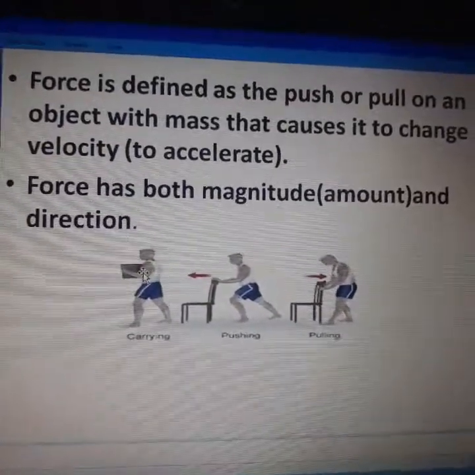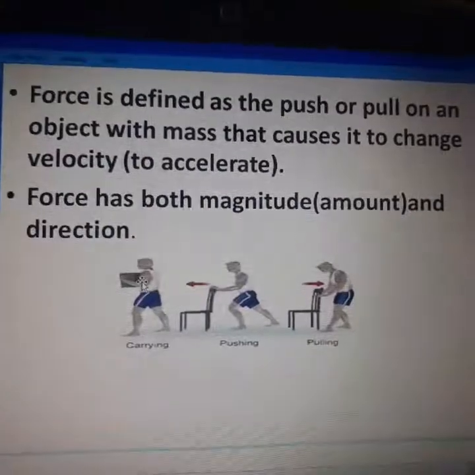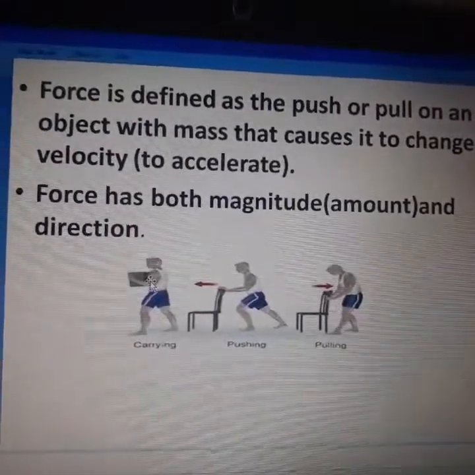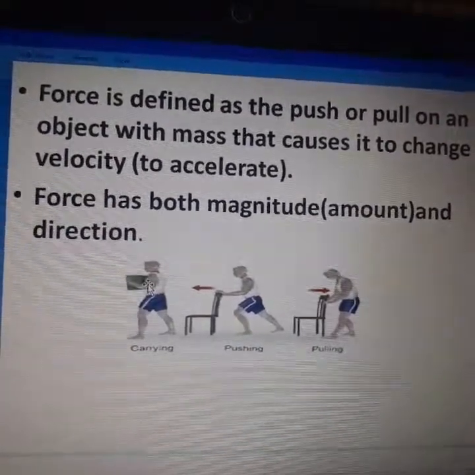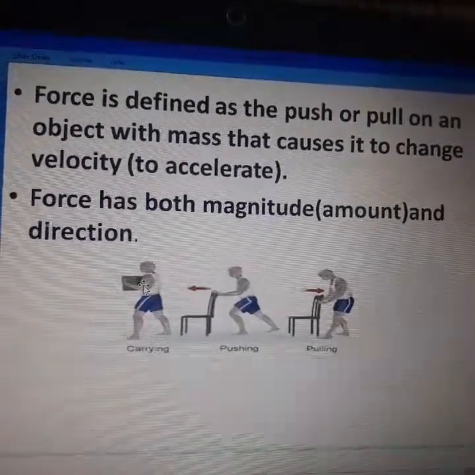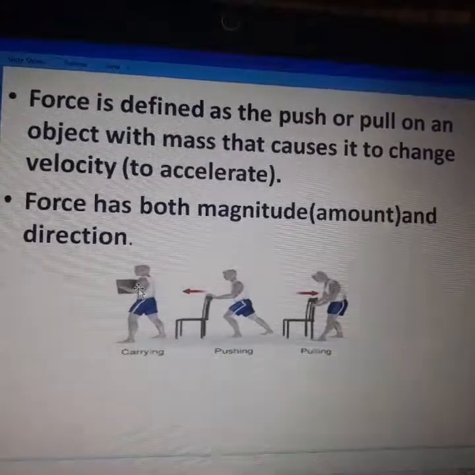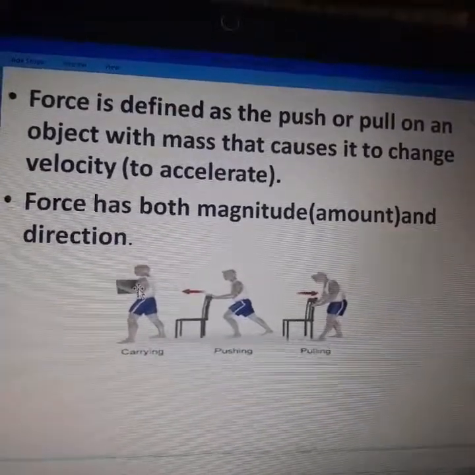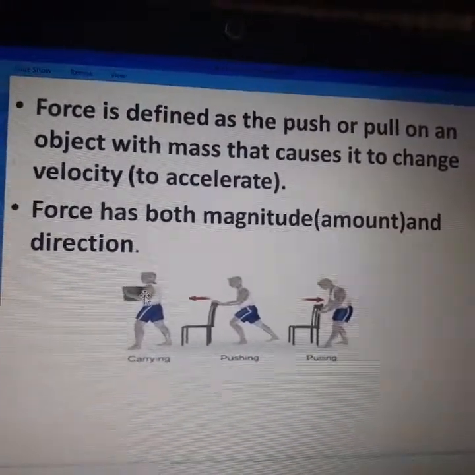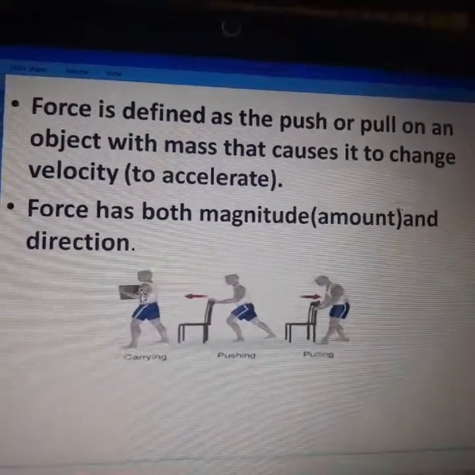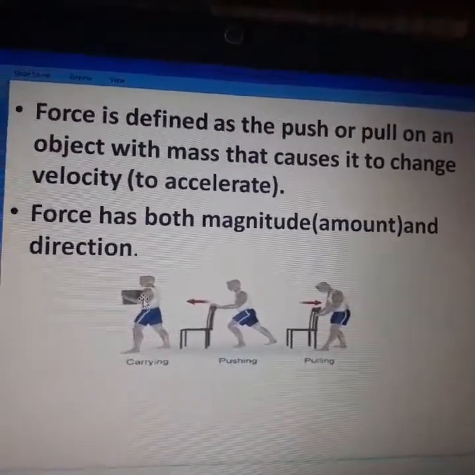So, force is a push or a pull having both magnitude and direction. It is applied on an object with mass and causes a change in its velocity, that is the speed.